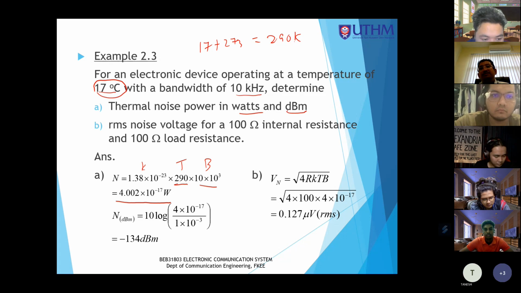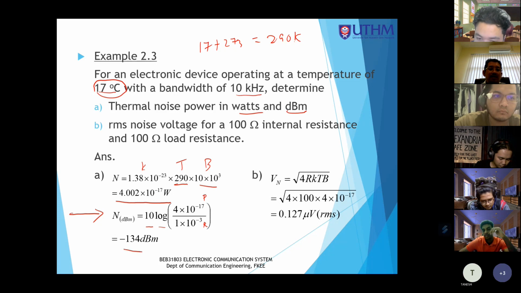So after we get the noise power in watt, that means we need to change into dBm. Macam mana nak tukar dBm? Again, ini dalam chapter 1. So in order to change that, 10 log power divide with the reference value 1 milli.